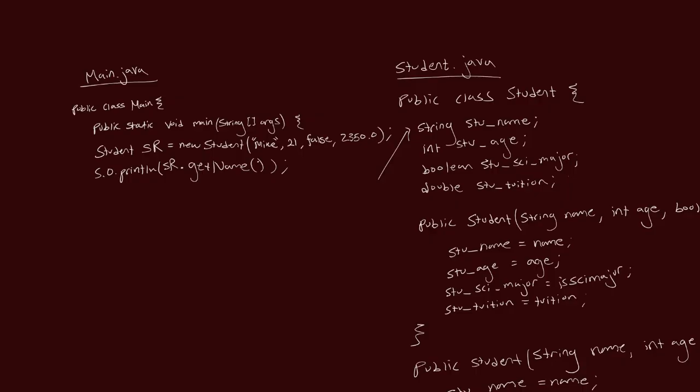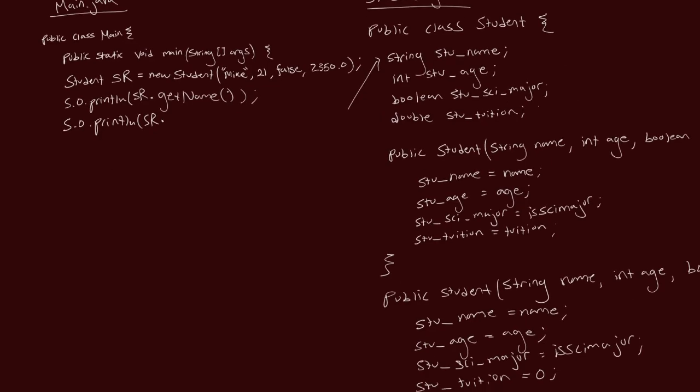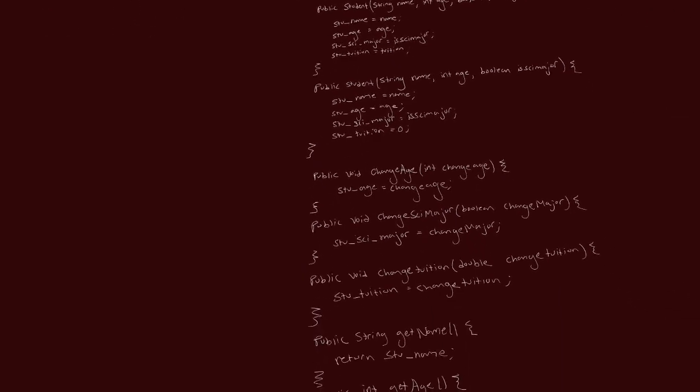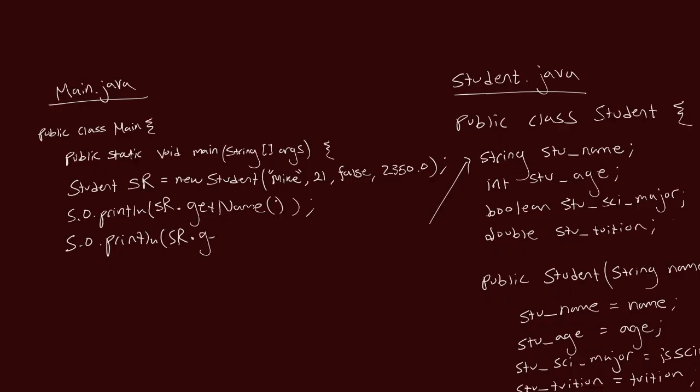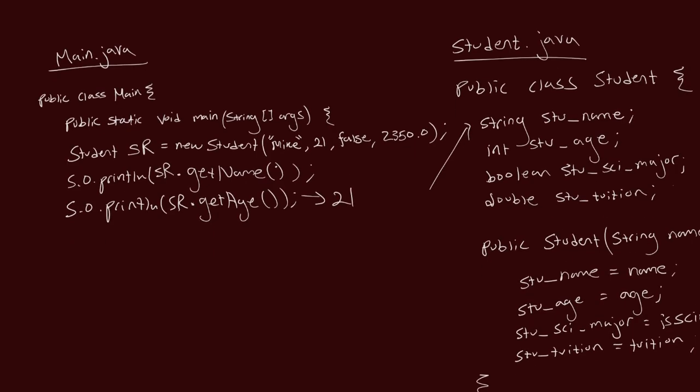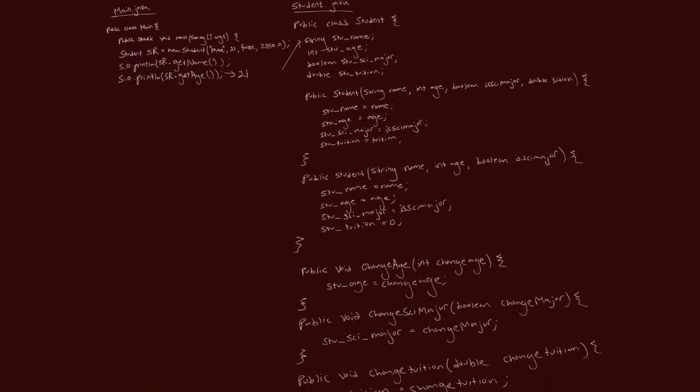Now let's check my student's age. s.out.println sr dot, what was that? Okay, where is it? Get age. Okay, get age. And I'm going to see that he's 21. Now let's say a year passed and he obviously has to turn 22.